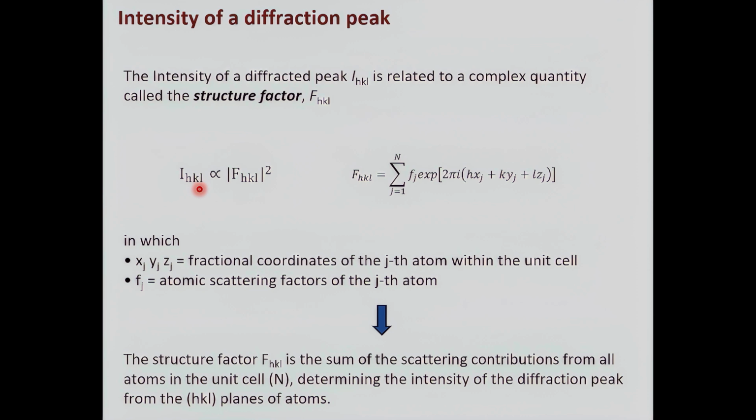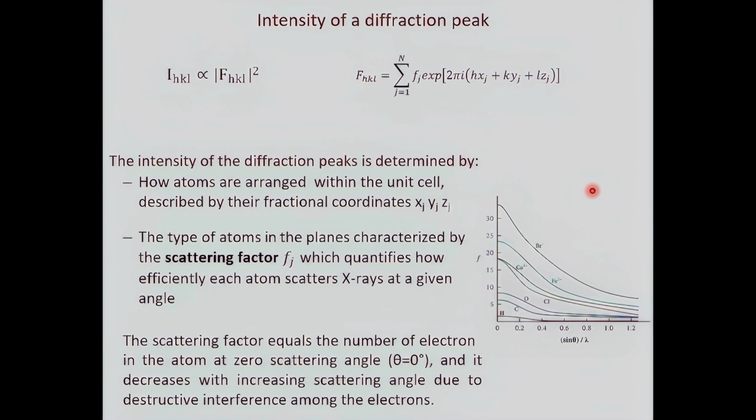But it's important that we put your attention on these two quantities, Fj, which is the scattering factors, and XYZ, which are the fractional coordinates of the atoms in the unit cell. Why? Because we can say that the intensity that we measure is determined by how the atoms are distributed in the unit cell.